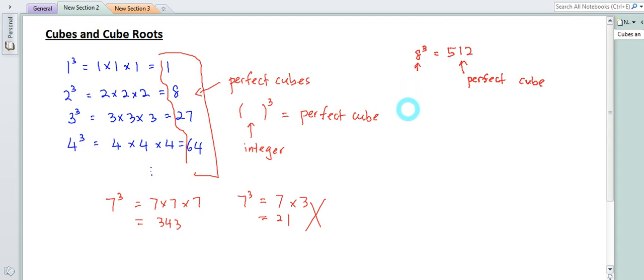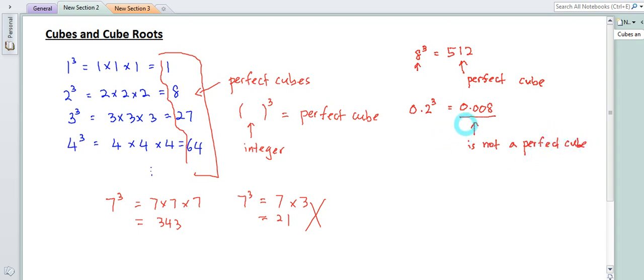Okay, so if I have 0.2 to the power of 3, which is 0.008, is this a perfect cube? You have to look at the base. Is this an integer? No, 0.2 is a decimal, right? So this number is not a perfect cube.